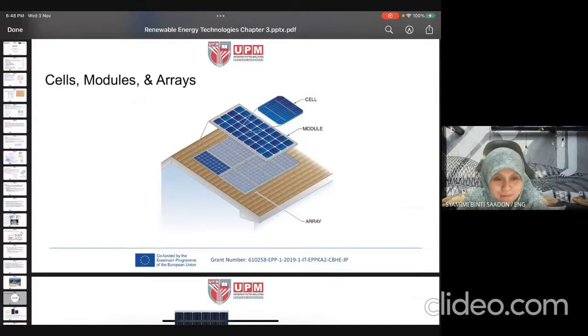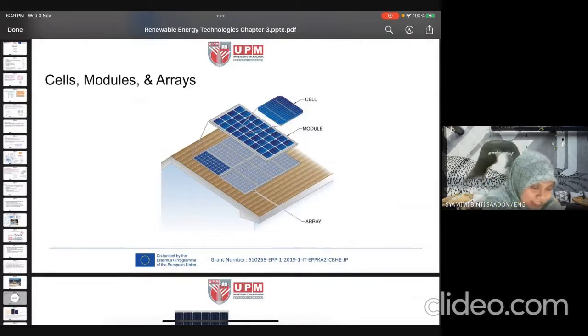Okay, so PV photovoltaic modules. Sometimes we have to differentiate the meaning of PV cells, PV modules, or PV arrays. These are different terms for a photovoltaic.